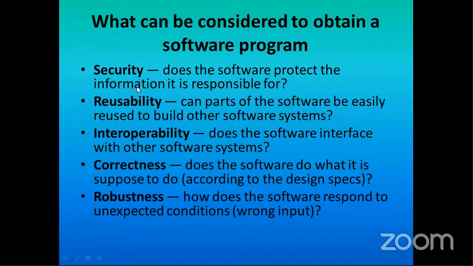For example, Microsoft has developed Windows for computers. It has also developed Windows for phones and other programs that we use for programming. Then interoperability. Does the software interface with other software systems? Does it interfere with other software systems?